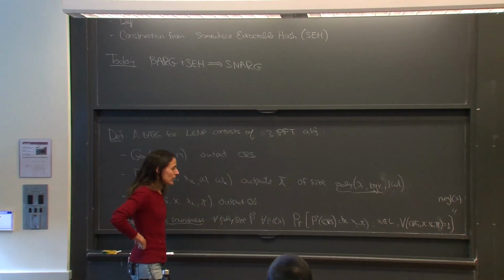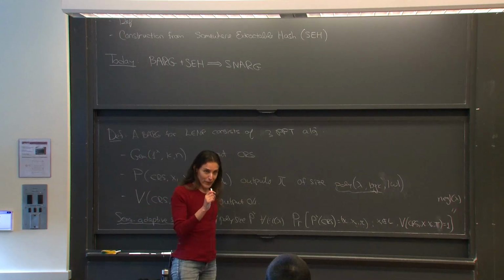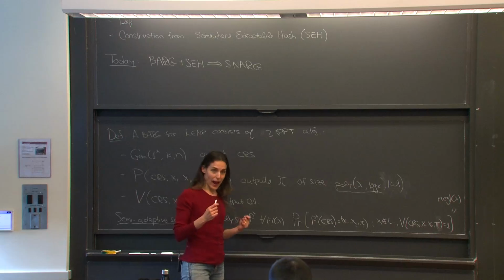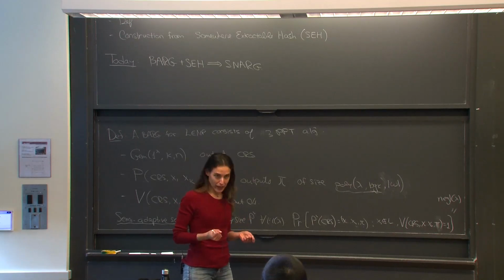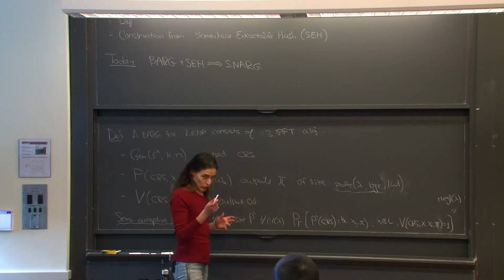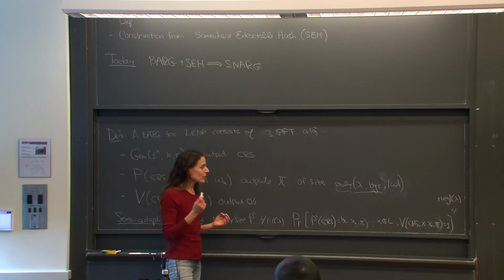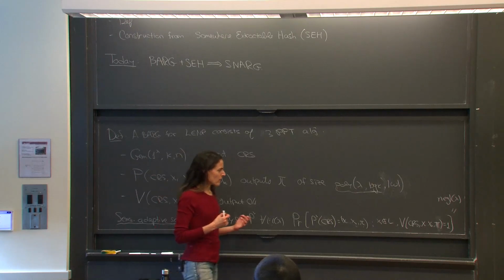Converting it into a fully adaptive SNARG is non-trivial, and I'll tell you why. You can guess I, and you'll guess it correctly with probability 1 over k in general. So you can do it, but here is the issue. I'll tell you what the complication is.